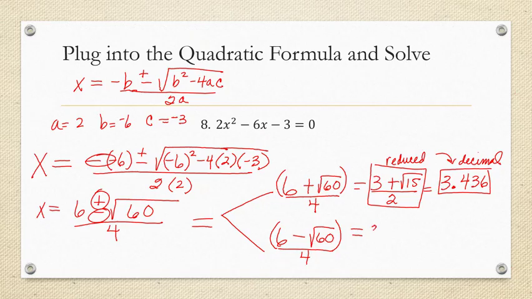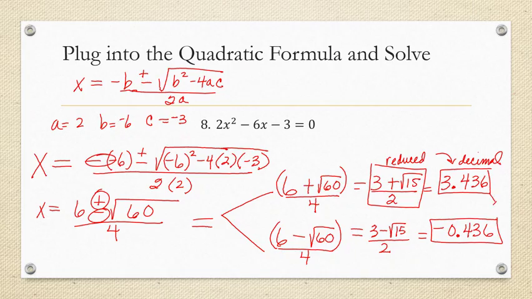That'll give us 3 minus the square root of 15 all over 2, or negative 0.436. So these are the two places. These are my x-intercepts. Those are where it's crossing the x-axis.